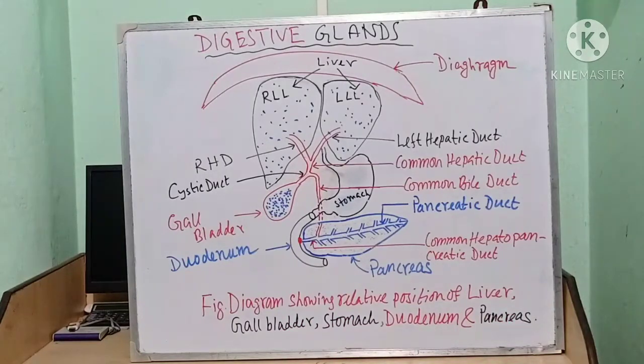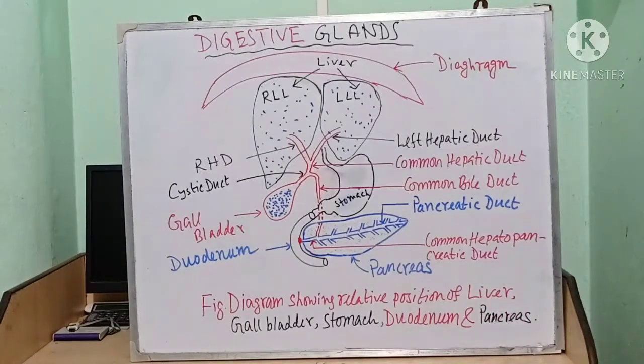We know the liver is one of our digestive glands and it is the largest digestive gland. And we also know that the pancreas is also an important digestive gland.